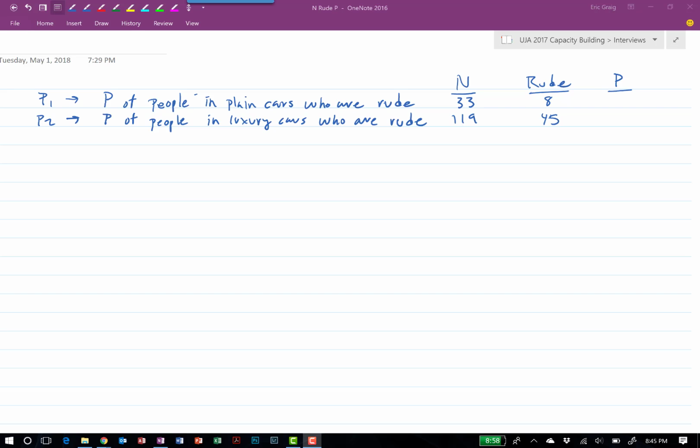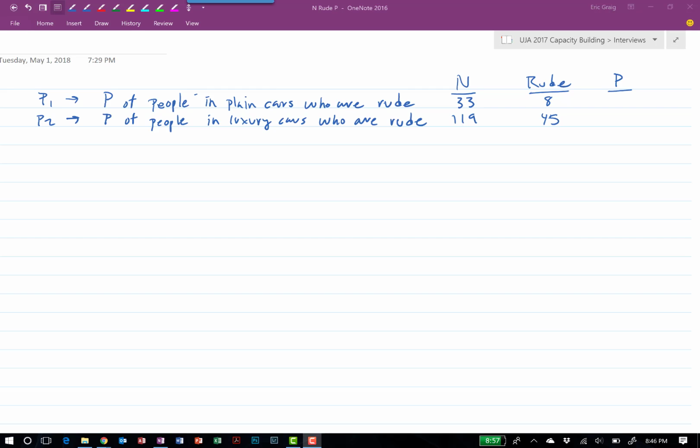Okay, so let's start the problem by laying out here in a table what's given in the problem. We have P1 as the proportion of people who are driving plain cars who are rude, and P2 the proportion of people in luxury cars who are rude. The problem tells us that they were able to sample 33 people who were driving plain cars and 119 people who are driving luxury cars.